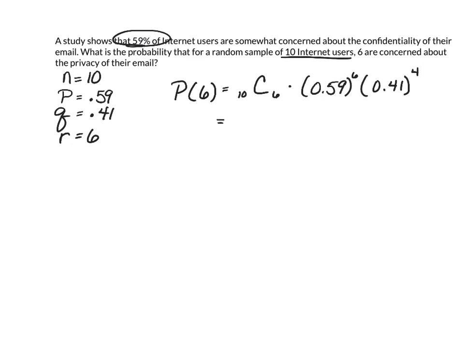And I'm going to type all of this into my handy dandy calculator. And the answer is 0.25. So there is a 25% probability that exactly 6 of the 10 internet users are concerned about the privacy of their email.